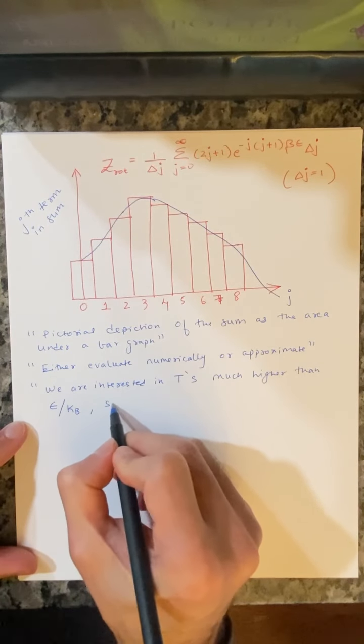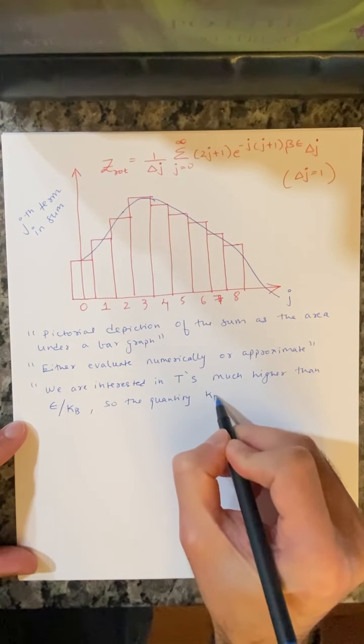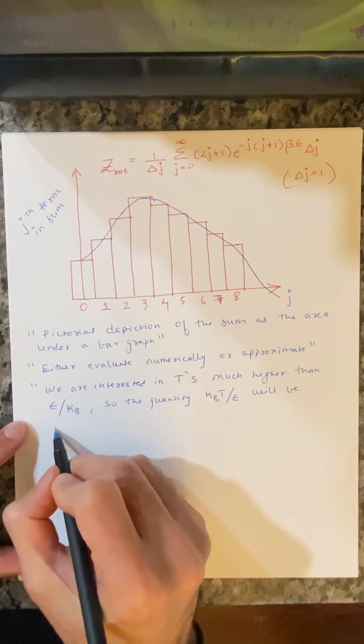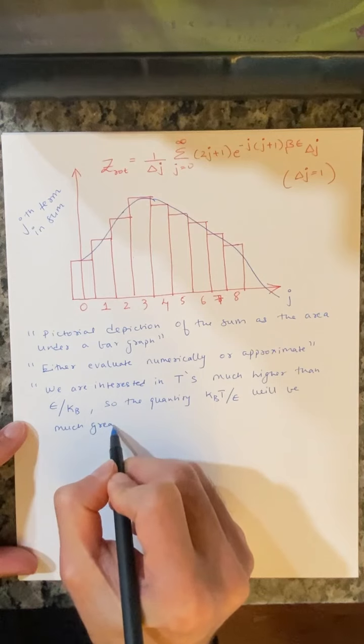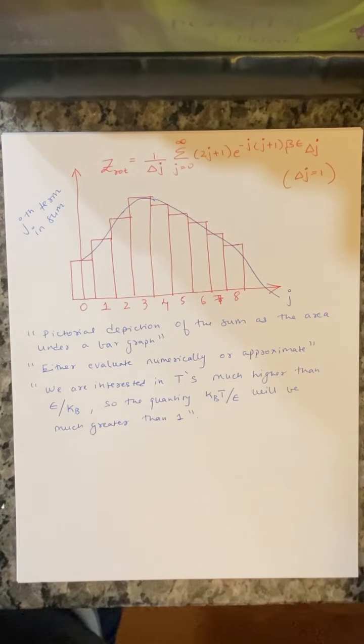So the quantity kBT over E will be much greater than 1. Keep in mind, E here is very small, right? For a CO molecule, for instance, E is equal to 0.00024 eV. So E over kB is something like 2.8 kelvins. Ordinarily, we are interested in temperatures much higher than E over kB, and that's the reason.